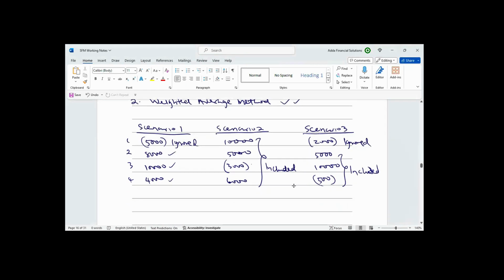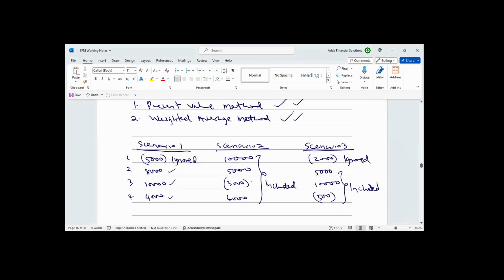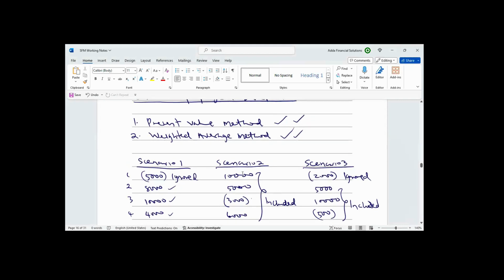Using the present value method, I told you there are three steps you are supposed to carry out. The first step is to determine the present value of each year. The second step is to calculate the proportion of the present value to the total present value for each year. The third step is to calculate the project duration.